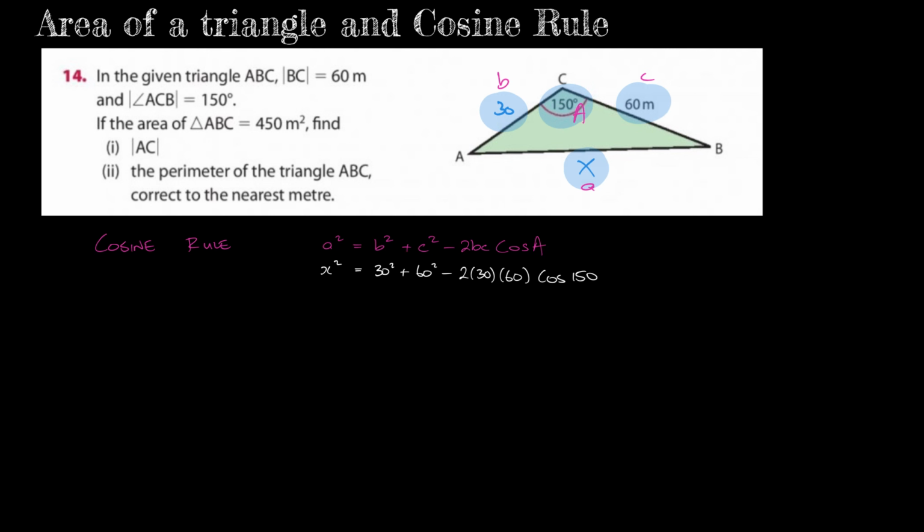So I know that x squared will be equal to 900 plus 3600 minus 2 times 30 times 60, 3600 cos of 150.